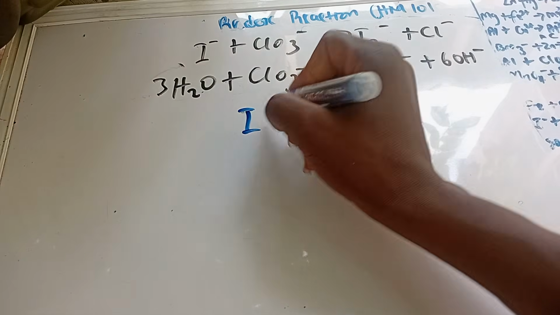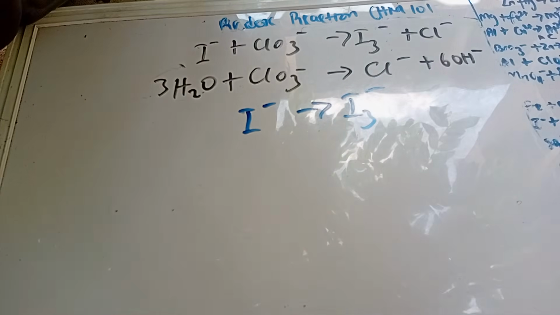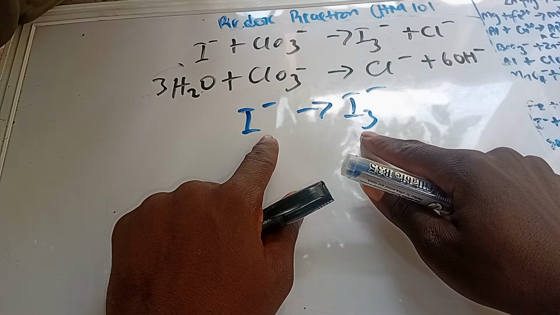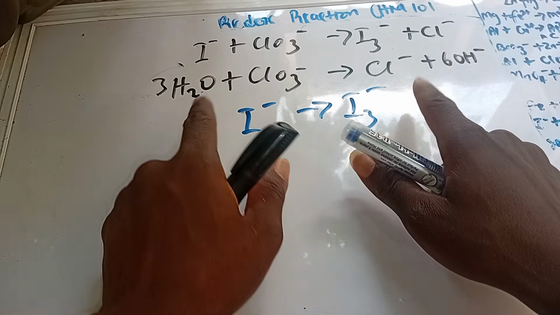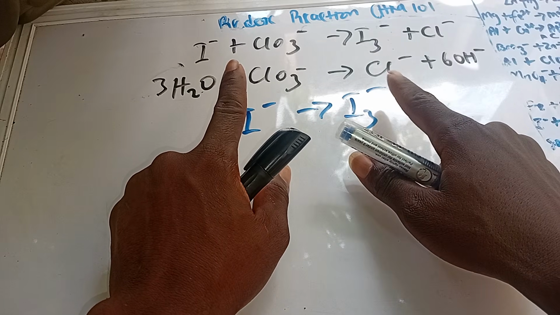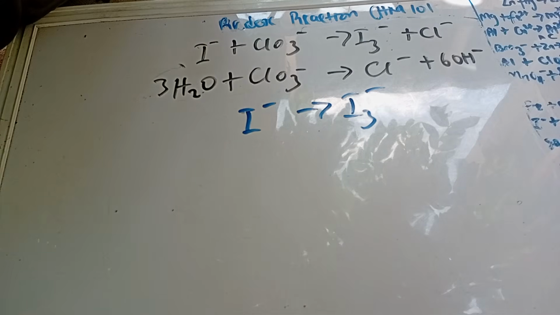Now for iodine, the atoms are balanced already. Here we are not talking of numbers, whether this is one or this is three, but it's iodine, iodine. There's no problem about whether this one has oxygen and this one does not.